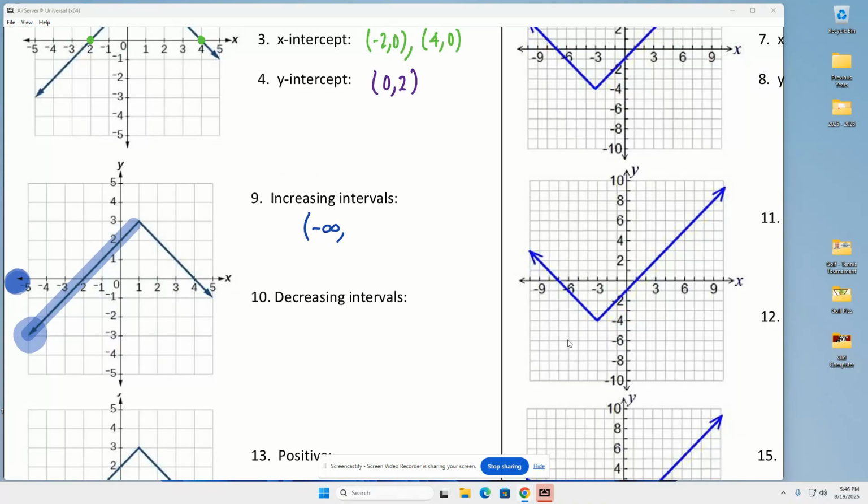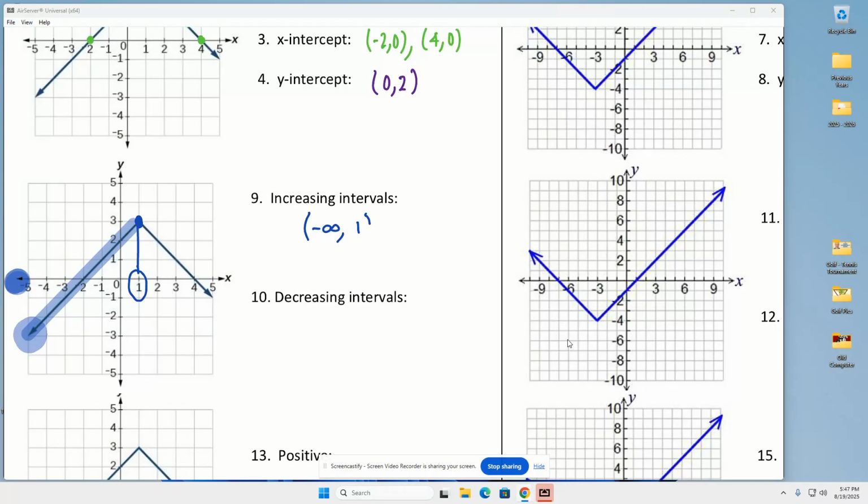And then, what does it start doing? Or how long does it increase? Well, it increases up here to this point right here. But remember, when we're naming intervals, we're talking about from left to right. So we care about this value right here. And sometimes this thing is misbehaving, but it won't increase past 1.